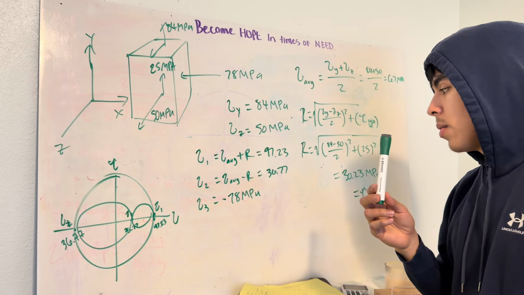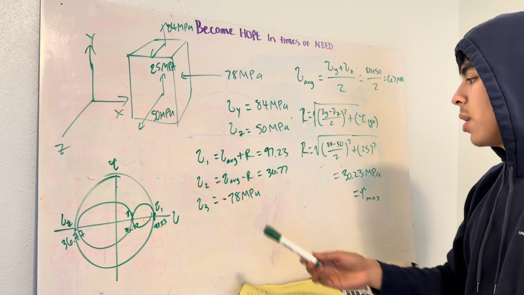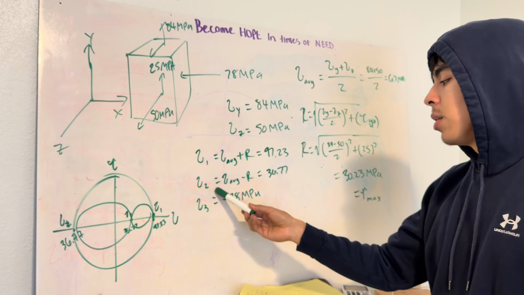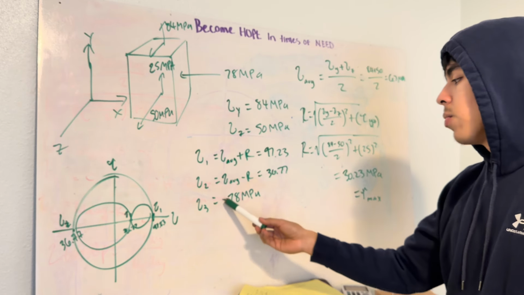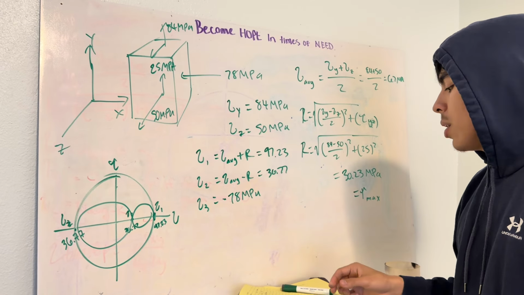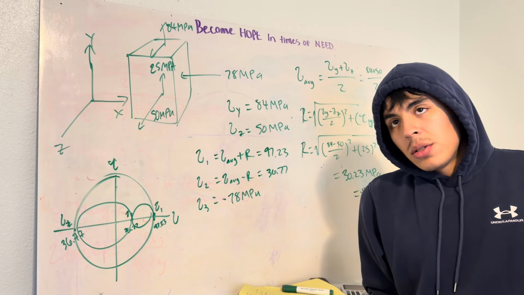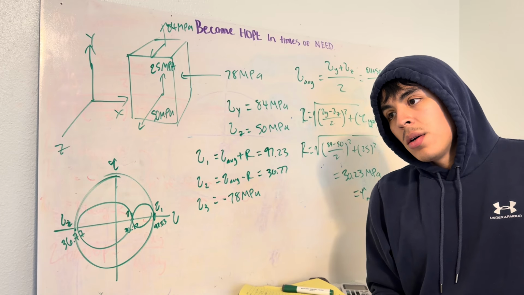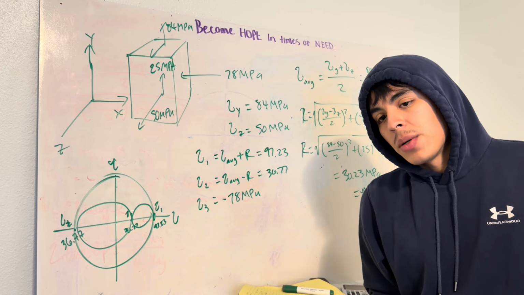Now, you may be wondering, how can I know what to put for each one? On some of the questions, they could say all of the other stress components are 0.